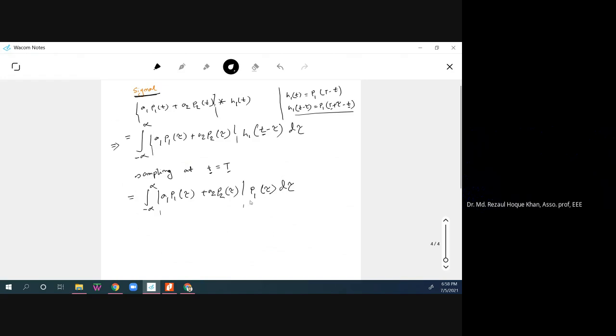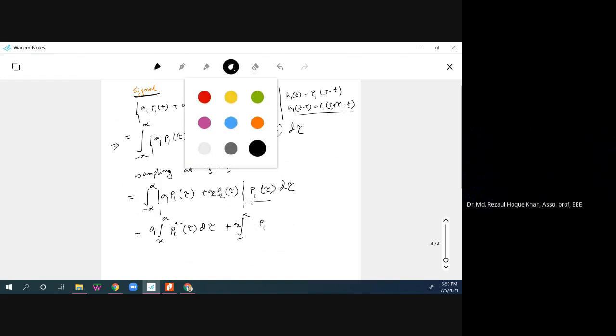Okay. So we are multiplying. This p1(t) will be multiplied with this one. So we have the integral from minus infinity to plus infinity, a1 times p1 squared(tau) d tau, plus a2 times the integral from minus infinity to plus infinity of p1(tau) p2(tau) d tau.